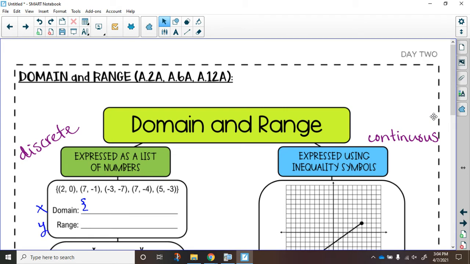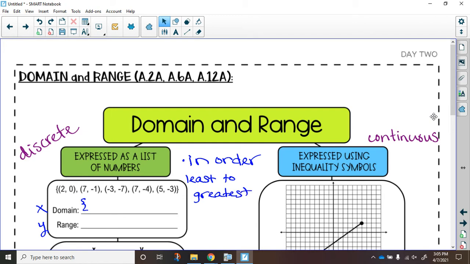So all of my x values in this particular problem, again, we want them in order from least to greatest. You always want to go from the smallest number to the biggest number.